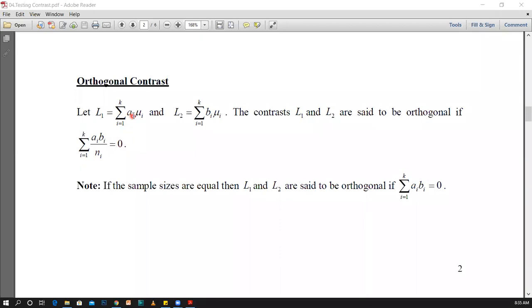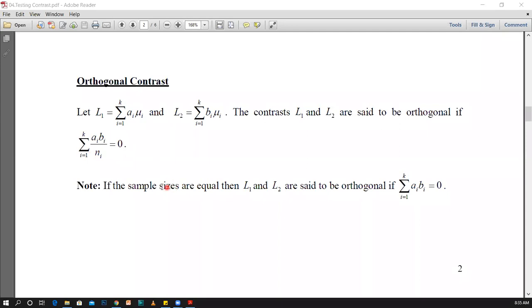It means that once you multiply the respective coefficients and divide by the ith sample size, the summation of all these has to be equal to 0. This can be considered the general condition.